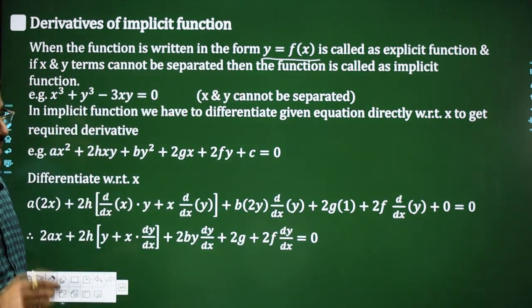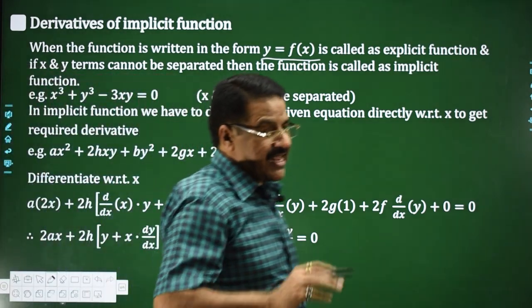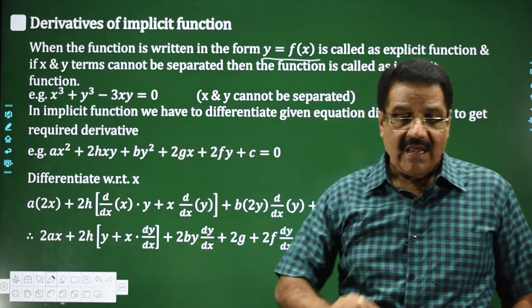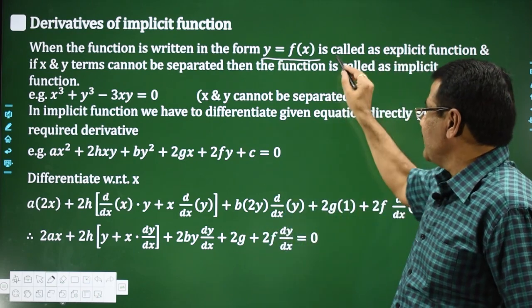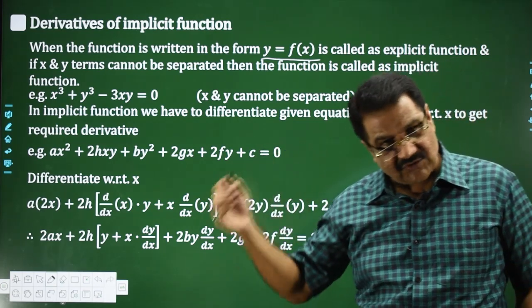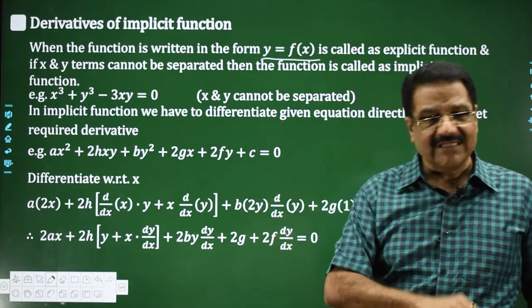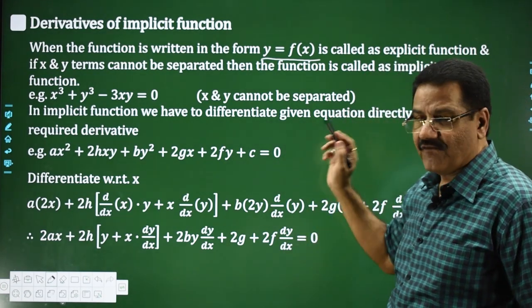But when x and y cannot be separated, if I say that you take all y terms to LHS and all x terms to RHS, if you are able to do this, it is called explicit. But if you are unable to express y in terms of x, in other words you cannot separate y to one side and x to the other side, that is called an implicit function.